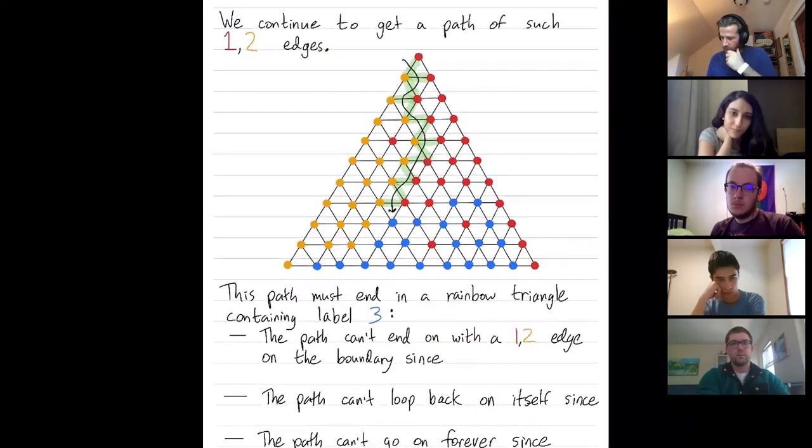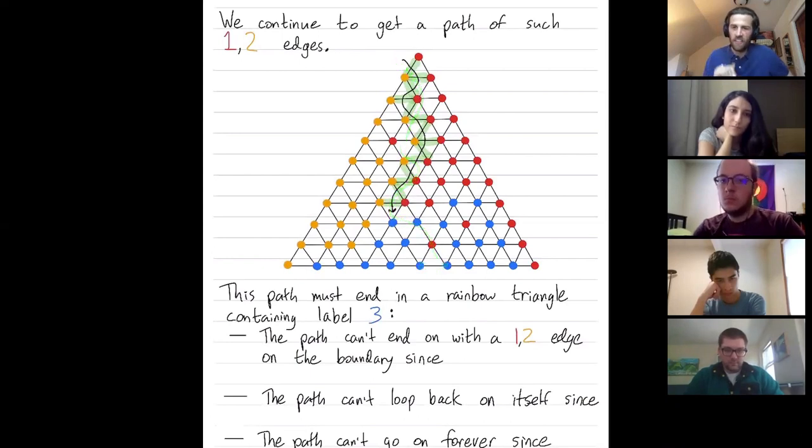So this path must end in a rainbow triangle containing label 3. Why? The path can't end on a 1, 2 edge on the boundary. So you can't follow this path and then end somewhere on the boundary at a 1, 2 edge, because there's a unique 1, 2 edge on the boundary.